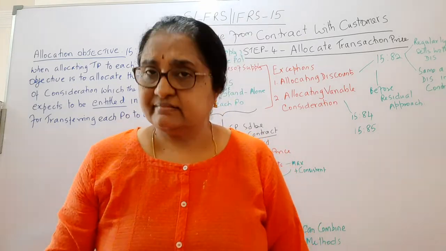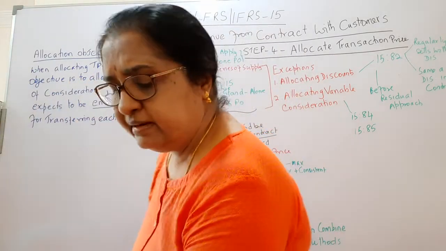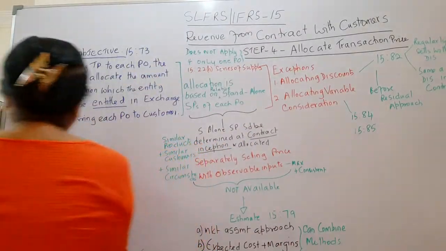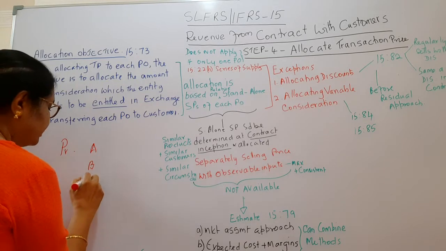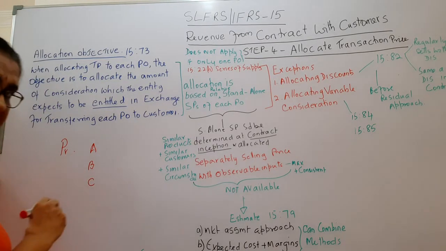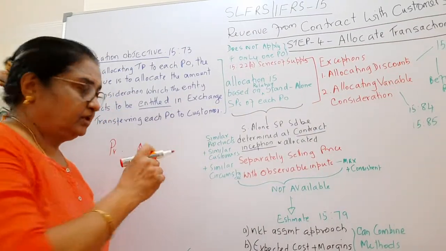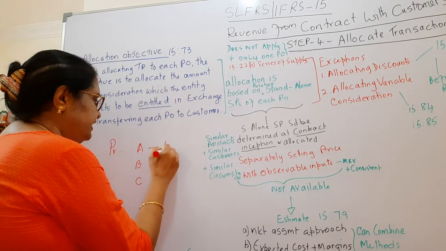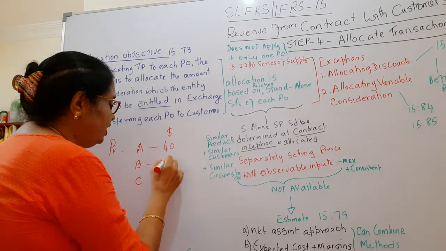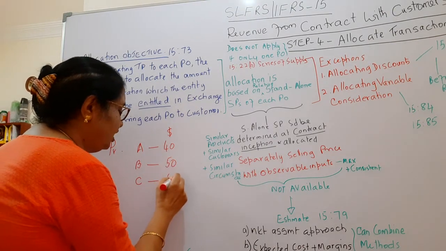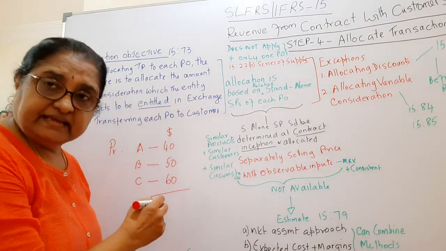How do you ascertain the transaction price discount? Say you have product A, product B, product C. There are three products. One is, we will say, $40. Another one is $50. Another one is $60. These are the standalone selling prices.